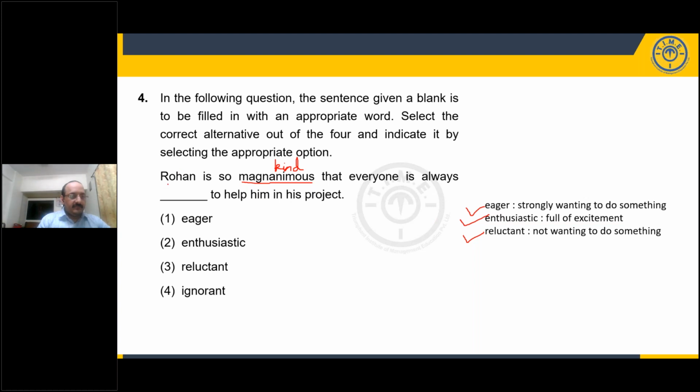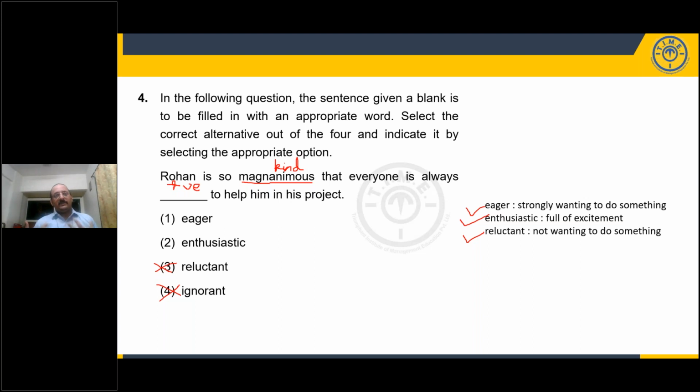So here basically we need a positive word, because if Rohan is kind, everyone would want to help him, right? So I need a positive word, not a negative word in this particular blank. So reluctant is out, ignorant is out. I'm left with eager and enthusiastic. Now, between these two, if someone is kind, would you want to strongly help the person, or would you be very excited?